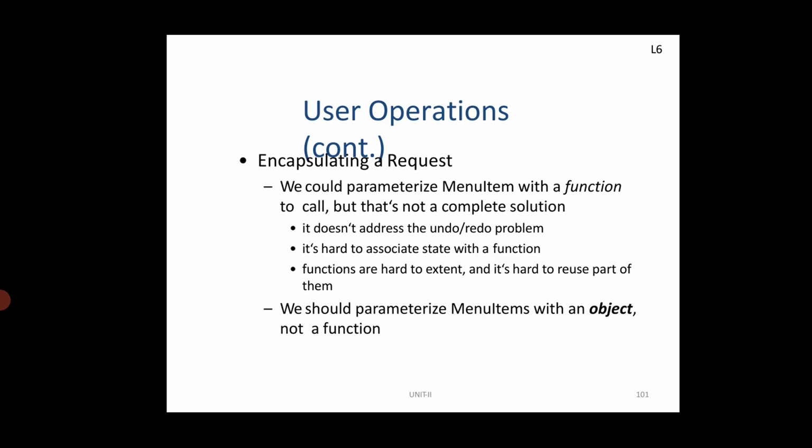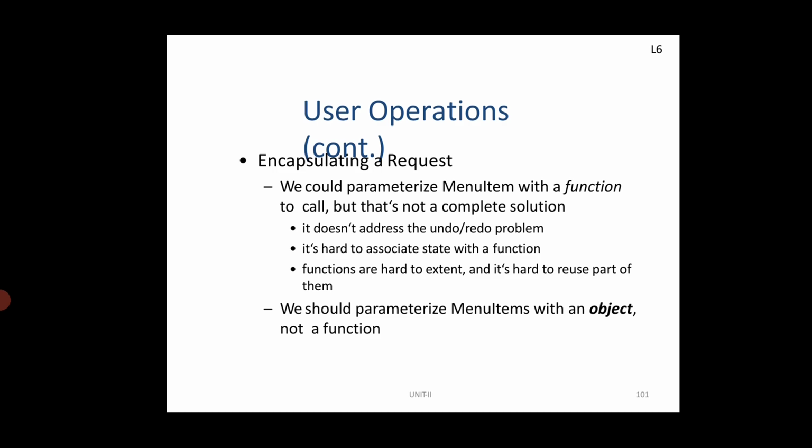So we are carrying out the request. It might involve an operation on one object or many operations on many objects or something in between. A function does not address the undo or redo problems, and it's very hard to associate a state with a function. For example, a function that changes the font needs to know which font.